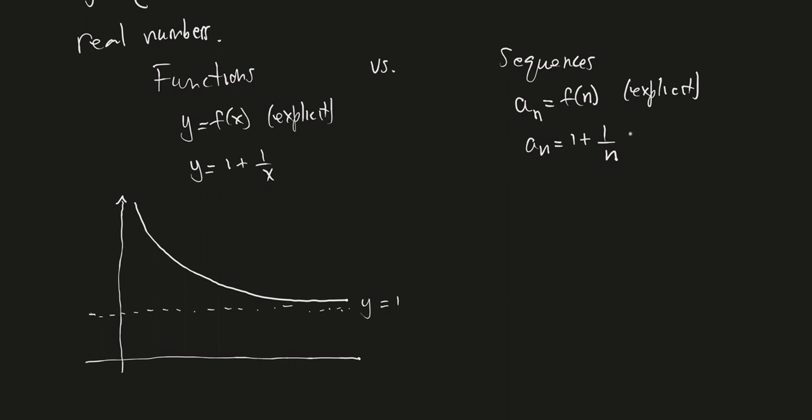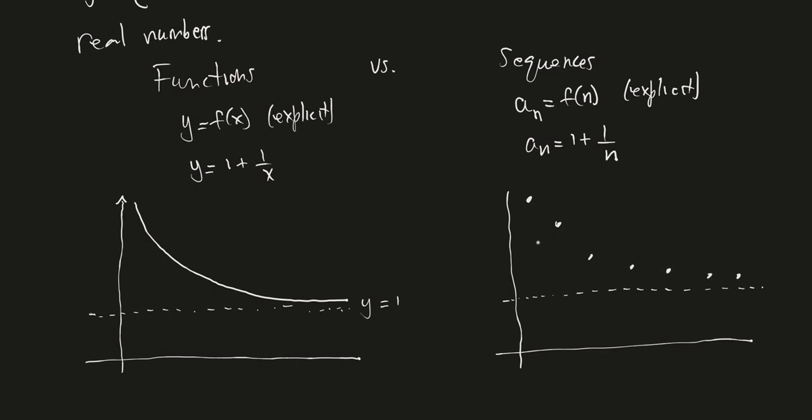If I now set out to sketch this sequence, because I am limited to only integer values in the domain, instead of seeing a nice curve like this, it will still be asymptotic to the horizontal line y equals 1, but instead of a nice curve going down like this, you're going to see isolated dots like that.